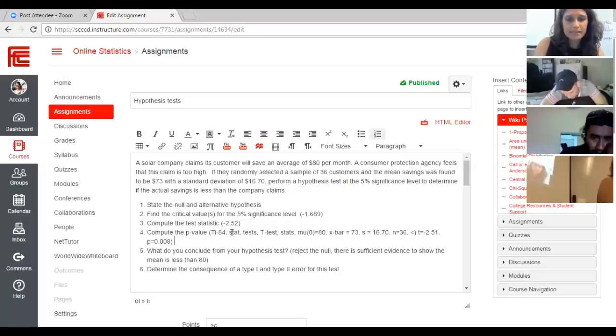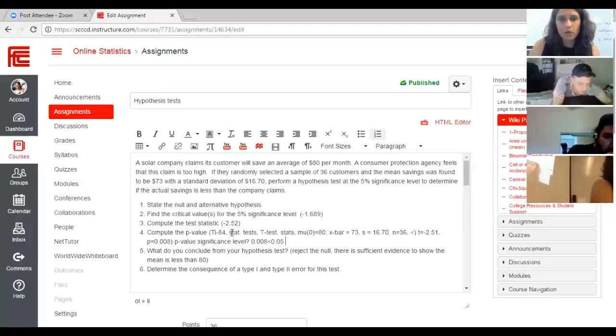The idea is you're comparing the p-value with alpha, less than, greater than, or equal to the significance level. In this case, 0.008 is definitely less than our significance level of 0.05. We say this is unusual, and therefore reject the null, that there's sufficient evidence to show that the mean is less than 80.